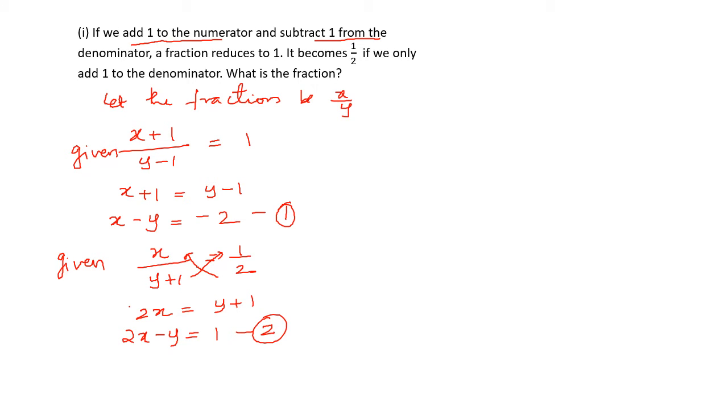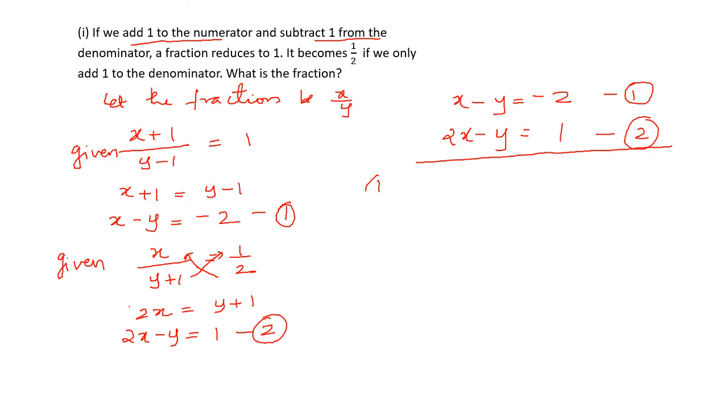Now we got two equations, children: x minus y equal to minus 2 and 2x minus y equal to 1. This is the first equation and this is the second equation. Here you have minus y and minus y. When we have the same thing, we can subtract.